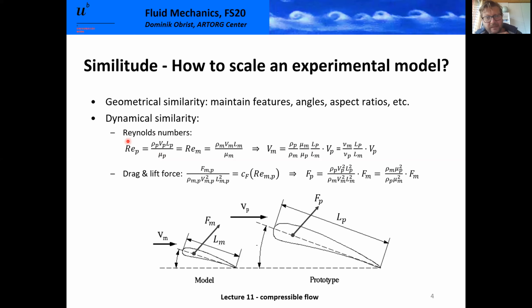And that Reynolds number should better be the same as the Reynolds number of the model, with density of the fluid in the model, in the wind tunnel, the velocity in the wind tunnel, the length of the scaled object, and the dynamic viscosity of the fluid.